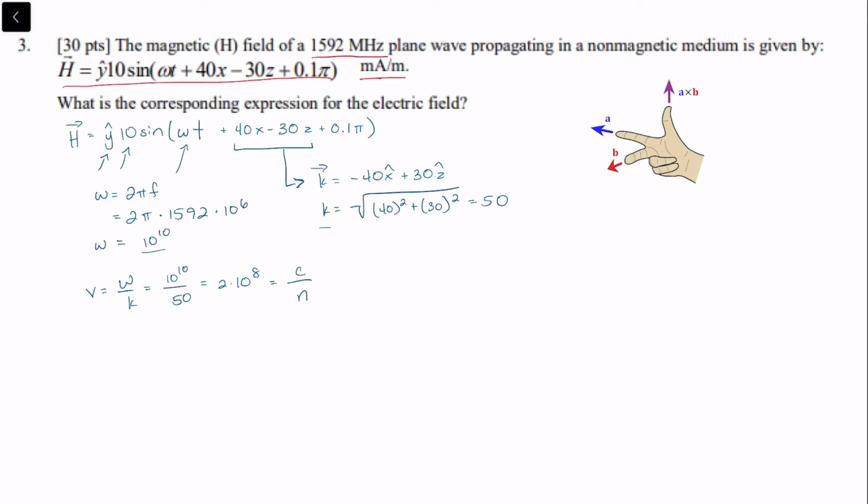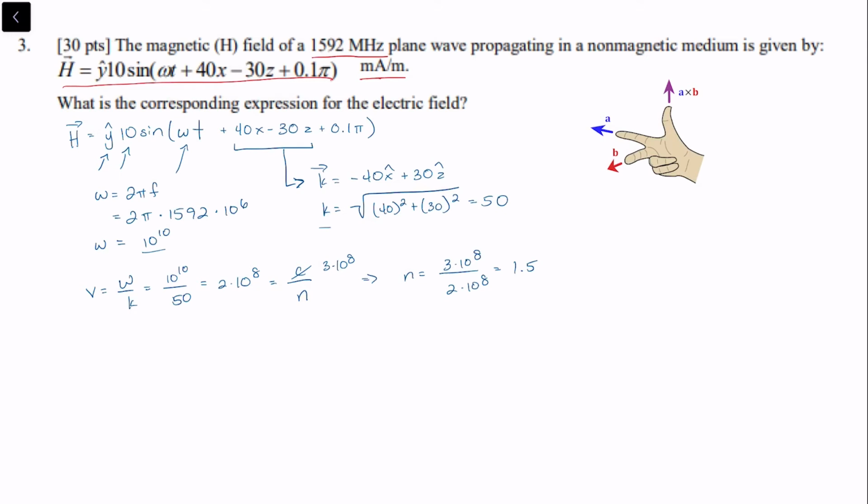We know that c is a constant, 3 times 10 to the 8th power. That's the speed of light. If we rearrange this to find n, we get the speed of light, 3 times 10 to the 8th power, over 2 times 10 to the 8th power, the velocity of the wave. That comes out to a refractive index of 1.5.